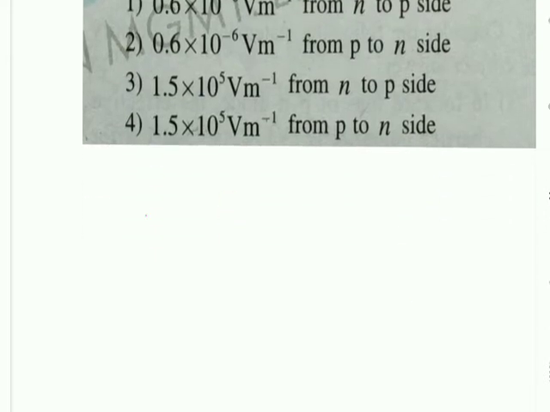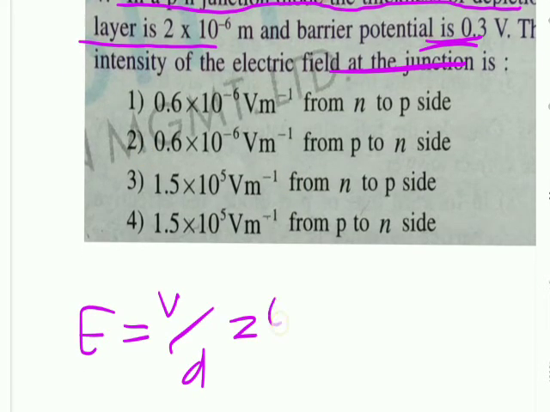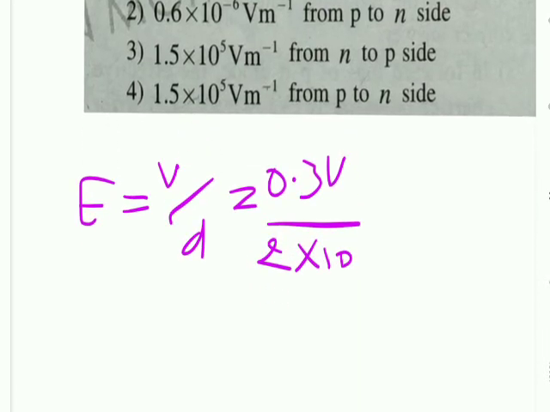He is asking E, the intensity of electric field, which is equal to potential by distance. He gave potential 0.3 volts, distance 2 into 10 to the power of minus 6 meters.